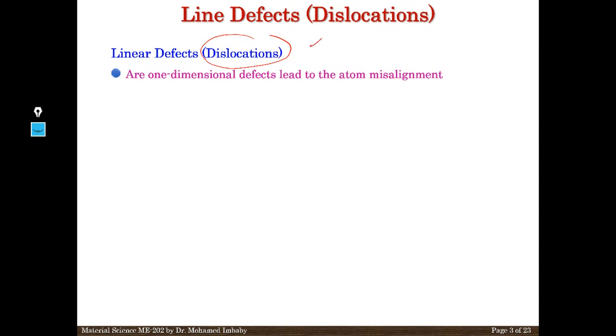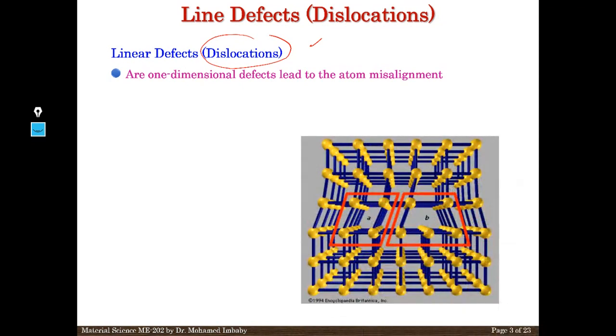Okay. One-dimensional defects lead to the atom misalignment. If you look at here, I think this is a 3D image of the arrangement of the atoms. As you've seen it here, this is a continuous line. But here in that place, there is a missing. Supposed to continue like this, but it is not continuing because there is a missing line of atoms in this place.